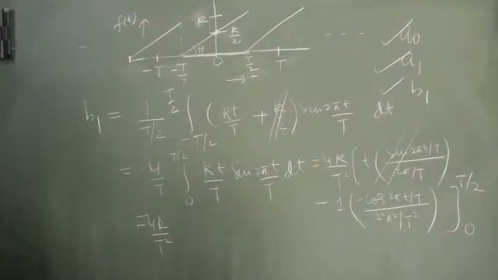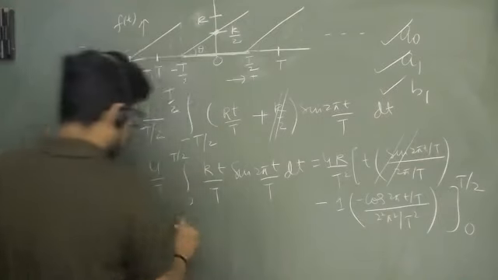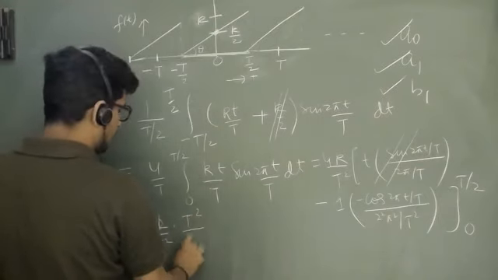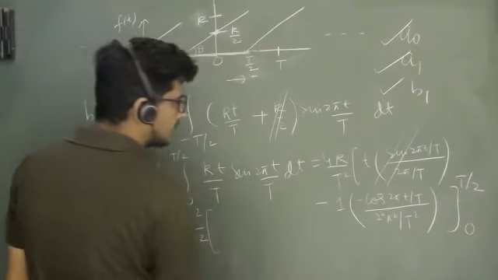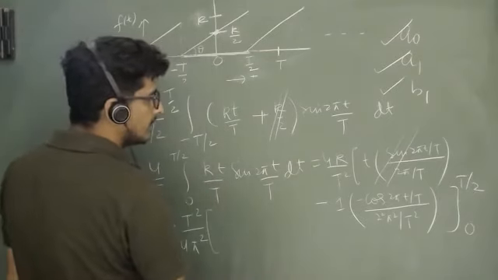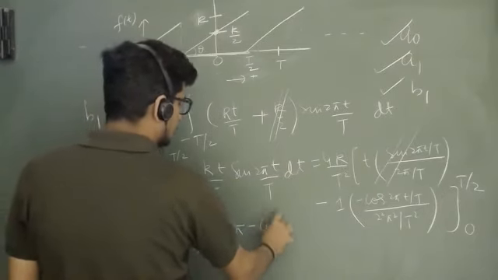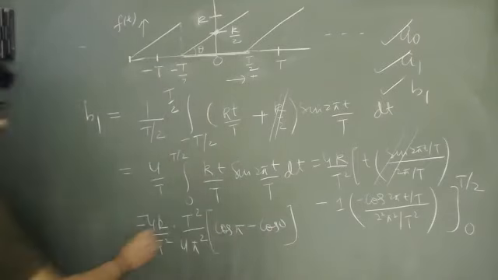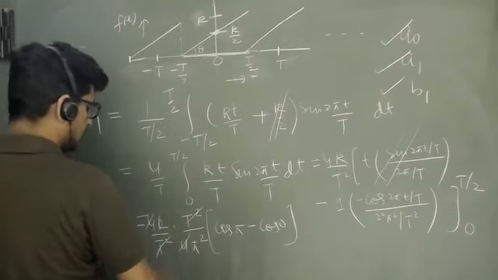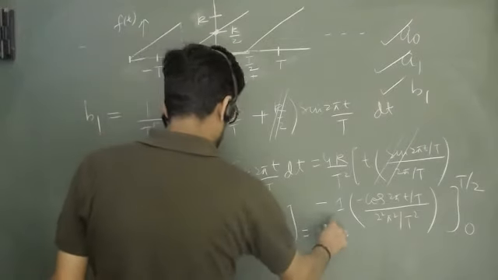And 4k by t square, and plus because of this minus, and into t square by 4 pi square. And when you put the upper limit, what it will become? Cos pi and minus cos 0. So this will be minus 2. So t square gone, 4 gone, and minus 2 from here, it will become minus 2 k by pi square.